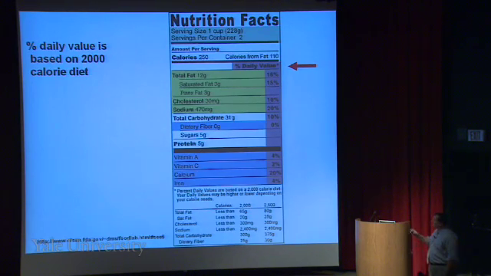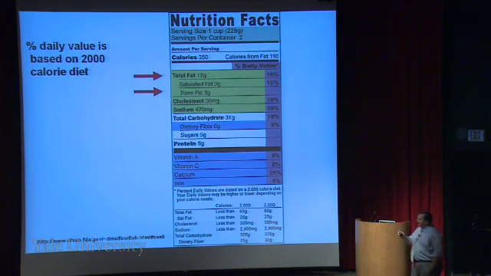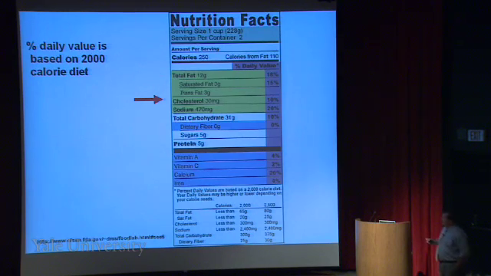So in this case, the total fat, which is 12 grams, constitutes 18% of a day's allowance of fat for the typical 2,000-calorie diet. Trans fats and saturated fat are also labeled on here, and those are very helpful things. The mere fact of labeling trans fat had a big impact on the food industry wanting to take it out. You've got cholesterol, sodium, carbohydrate here broken down as fiber and sugars, and that's very helpful information to know.